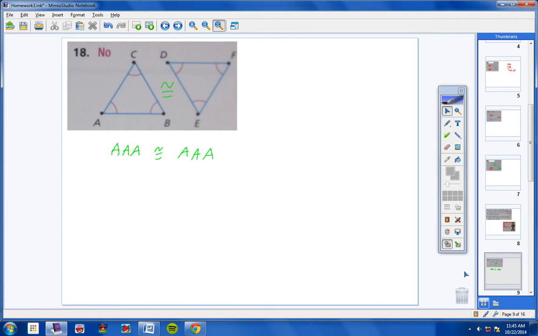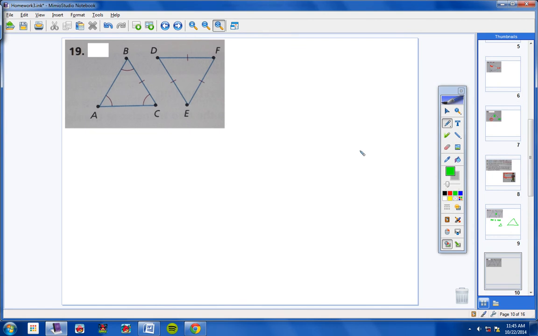That's just not possible. The reason is you could have a real small 60, 60, 60 triangle and then a real big 60, 60, 60 triangle, and they're not going to be congruent. Their angles will be congruent, but the two triangles will not be congruent, okay? So that's number 18. All right, moving on to number 19.